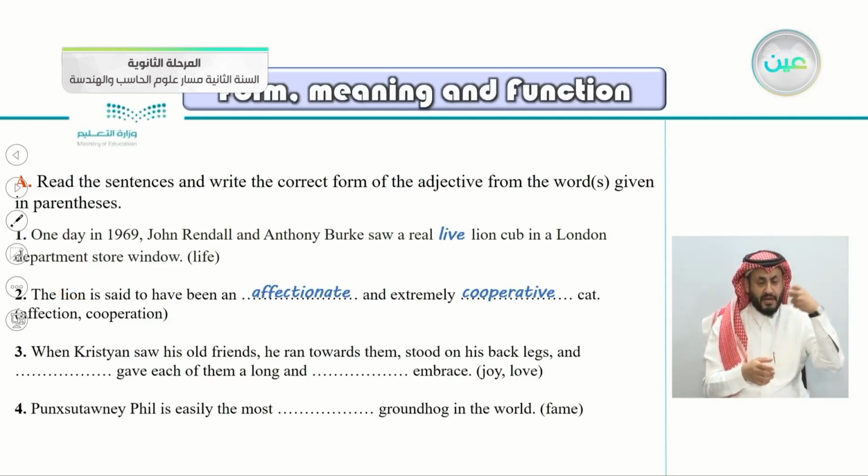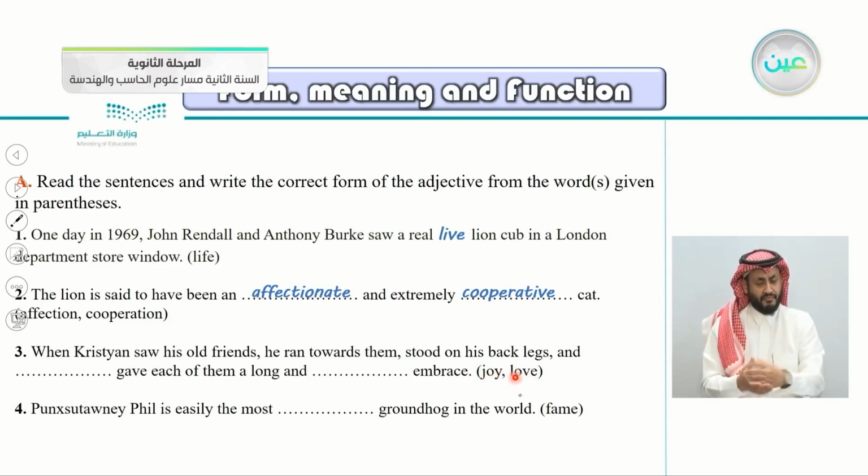When Christian saw his old friends, he ran towards them, stood on his back legs, and, so this is the first one here, gave each of them a long and embrace. So, when Christian, the lion of course here, saw his old friends, he ran towards them and stood on his back legs, and so we have joy and love.